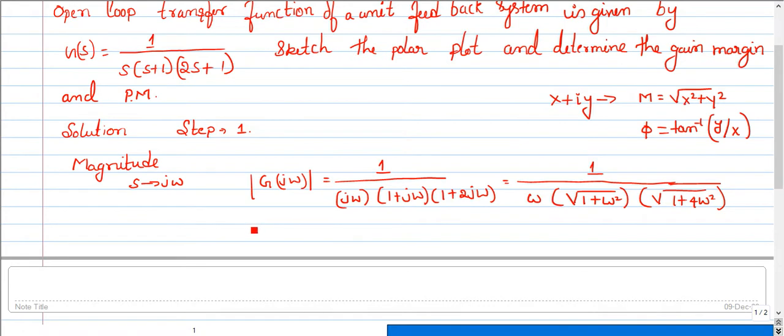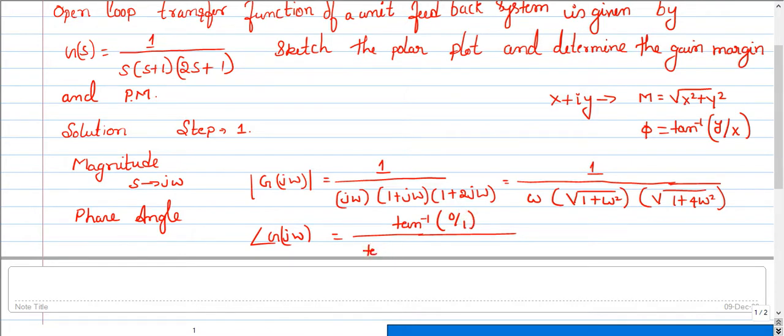In the same way, let me identify the phase angle. The phase angle of G of j omega: in the numerator it will be tan inverse of 0 by 1, since I can write this as 1 plus 0j, followed by tan inverse of omega by 0, and for the second term tan inverse of omega by 1, and finally tan inverse of 2 omega by 1.